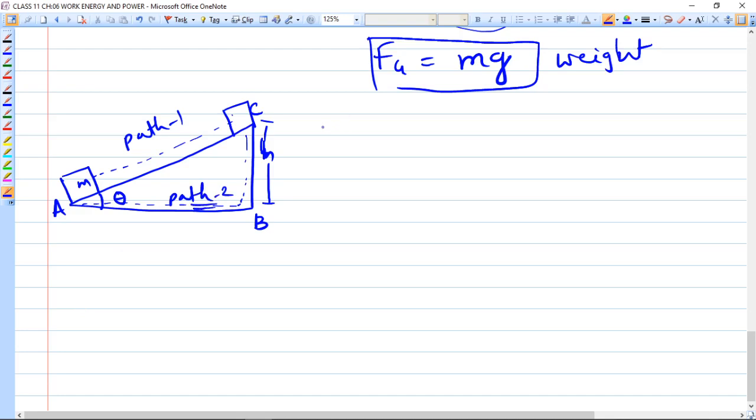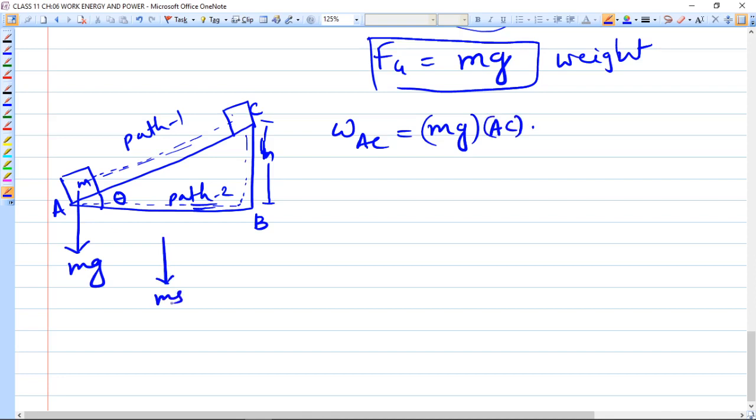Clear? Okay, so work done in path AC. What is the gravitational force here? It is like this, mg, and this is the displacement. So work done is mg times the displacement SC times cos of the angle.